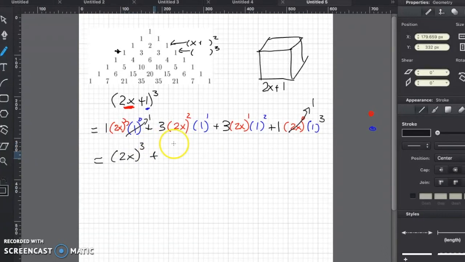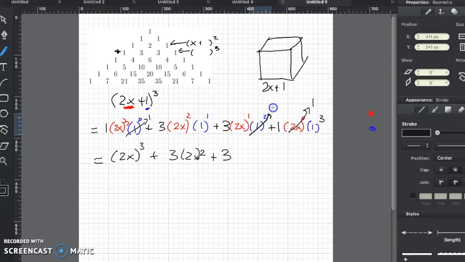And then I have 1 times 2x squared. And that's not 1, so I have 3. Oh, there's a 1 right there, I can get rid of that. Usually we don't write things times 1, so this is 1 times 1 times 1 again. So that's just going to be 1.